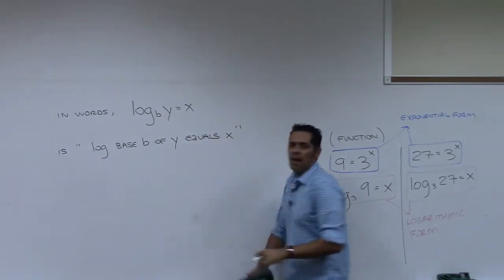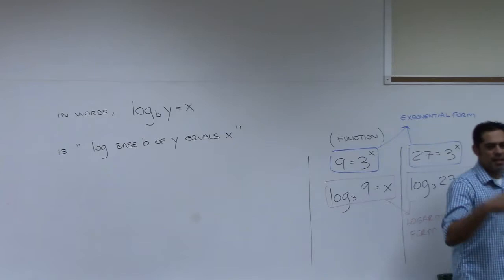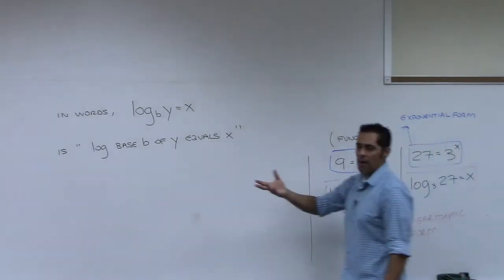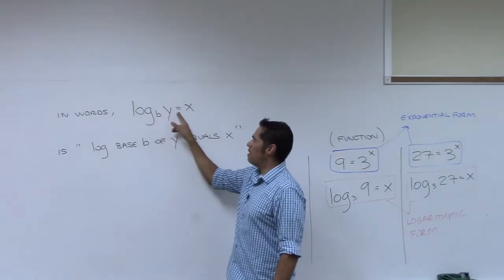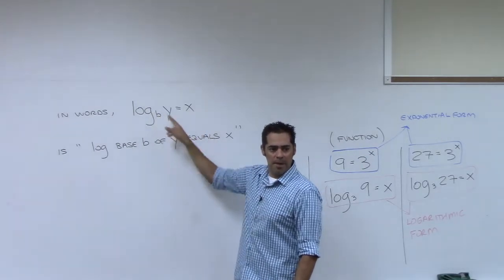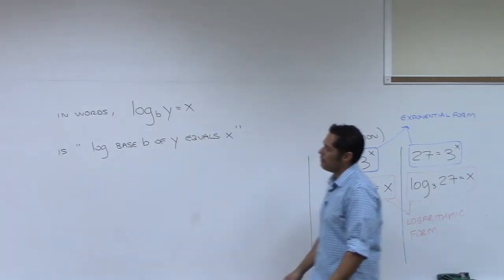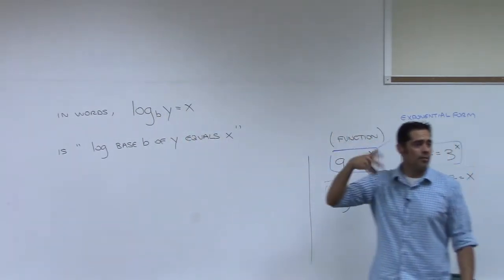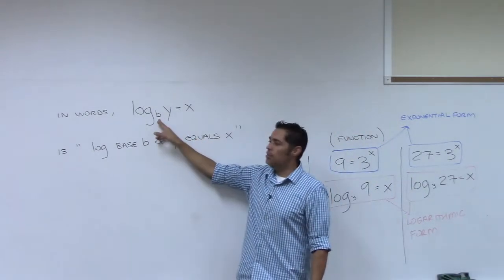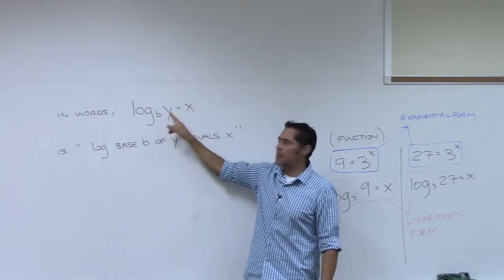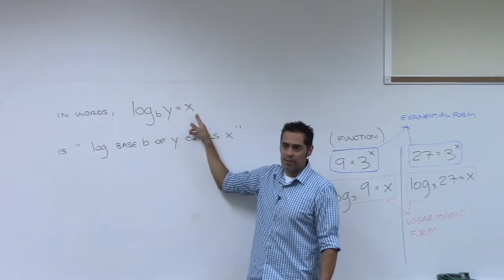That's the way you read that if you were saying it out loud. You would say log base b of y equals x. What this really means is b raised to what power? B raised to the x must equal y.